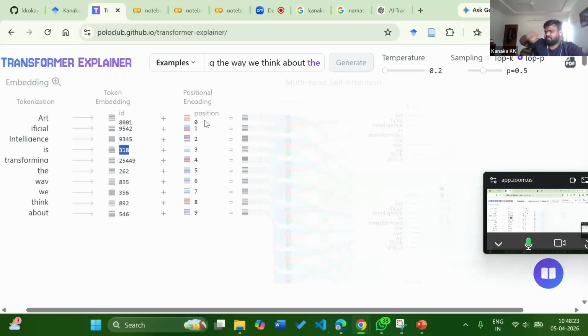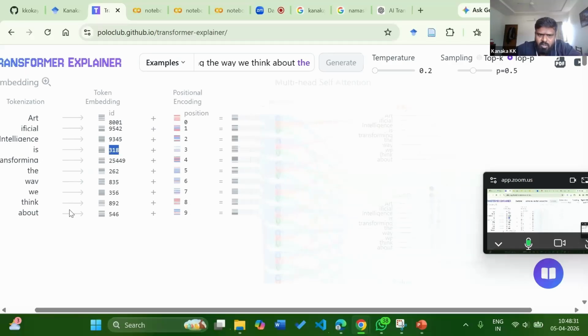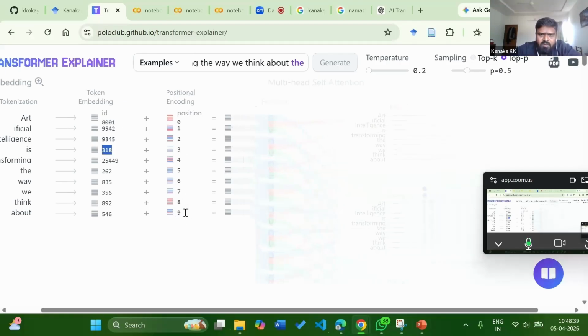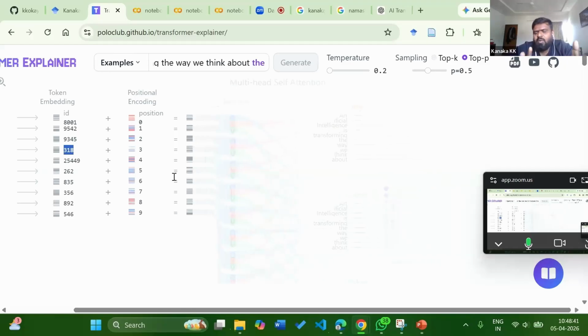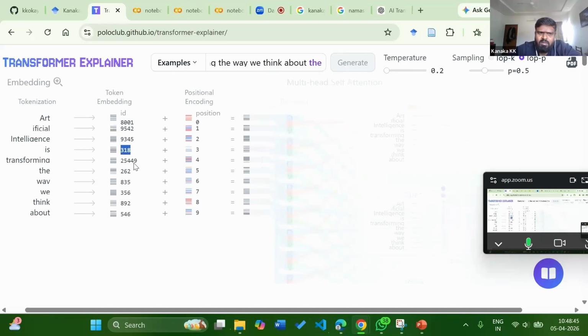It will never start with 1. So you can see here 0, 1, 2, 3, 4 up to 9. Up to 9 means 10 tokens are there, so a total of 10 positional encodings are added here. This is about encoding, and this is about embedding. So this is the first part.